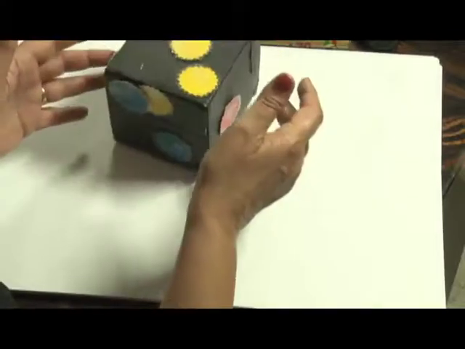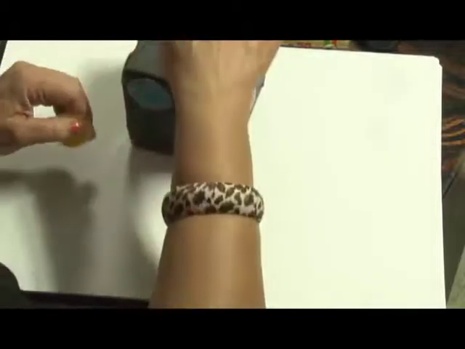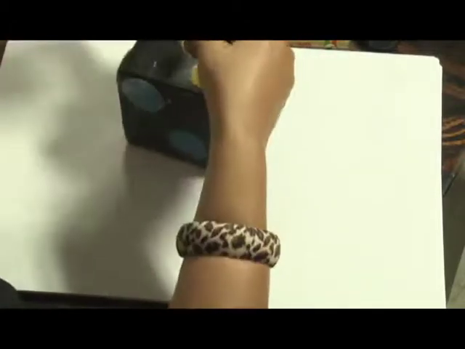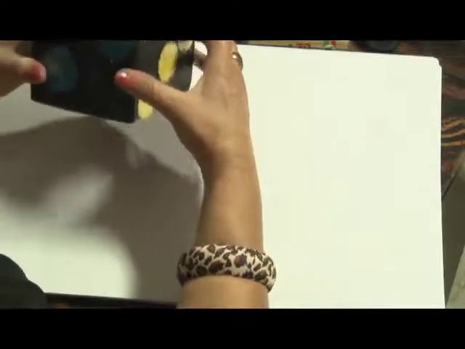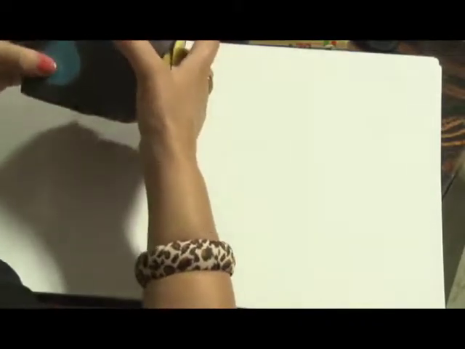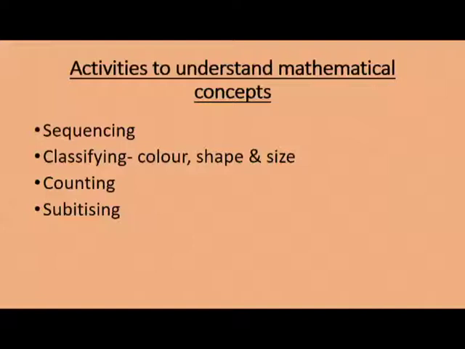They don't need to count. This is 5. This is 3, because they can see. This is what subitizing is. Subitizing is merely looking at something, small numbers, and knowing the number without counting. That is subitizing.